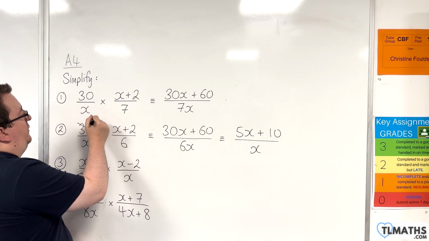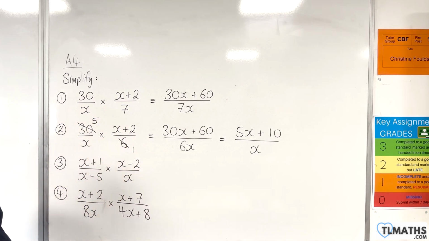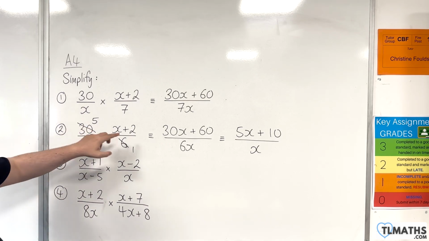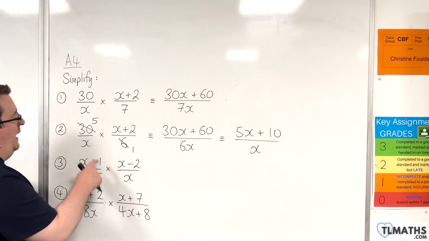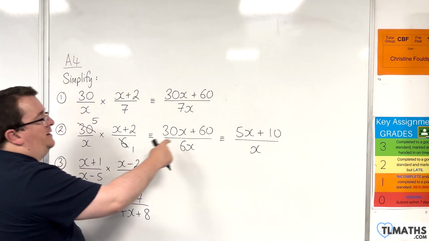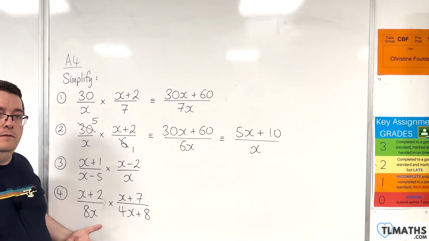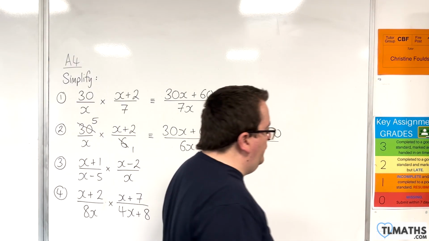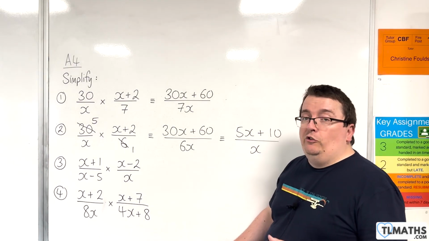Dividing 30 by 6 gets you 5 and dividing 6 by 6 gets you 1. So now you've got 5 times x plus 2, which is the 5x plus 10, and you've got the x times 1 in the denominator, which gets you that x. So it allows you to simplify earlier. Okay? There's nothing wrong with doing that. It's all about whether you spot it or not.